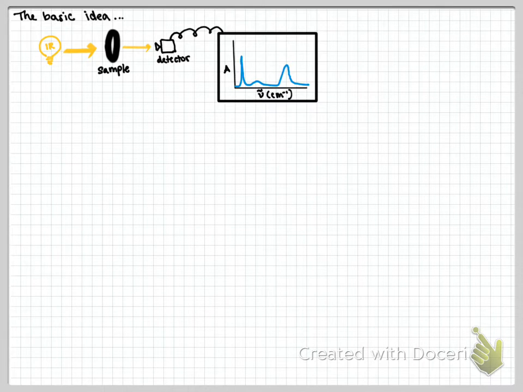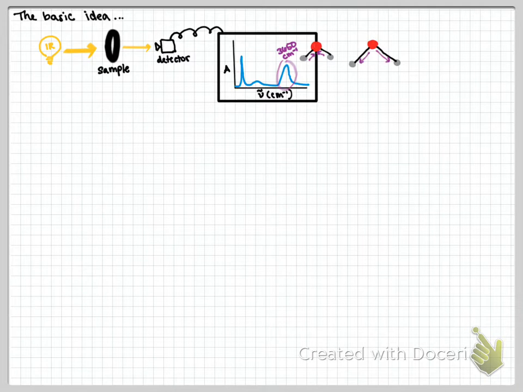So how does your sample absorb infrared light? It turns out that your infrared light gets absorbed by vibrational motion or molecular motion. So it doesn't have to be stretching, it could also be bending. Here I've shown a stretching motion of water. So the red here is oxygen, the gray is hydrogen.